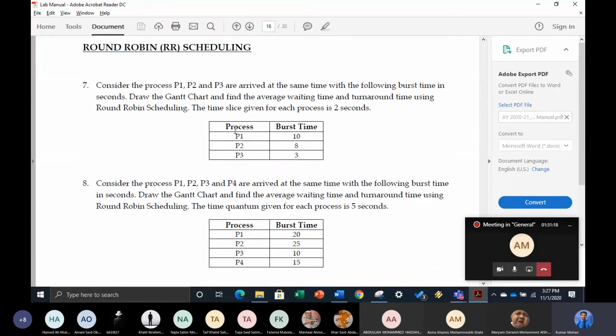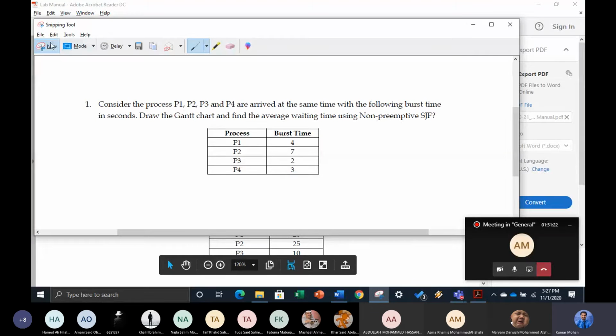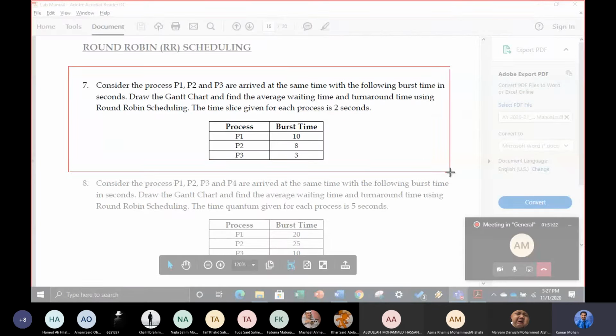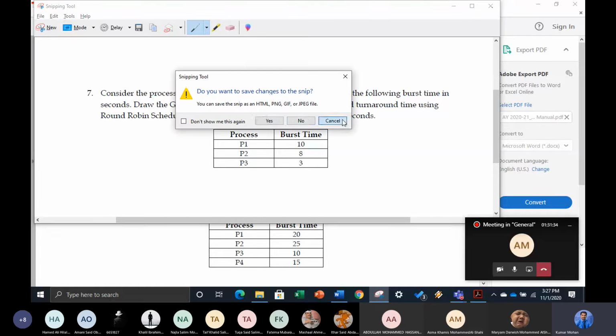So round robin. Now shall we take this problem and do it? You want with 2 or 5? This is completed, right? Just now we completed. No need of this.